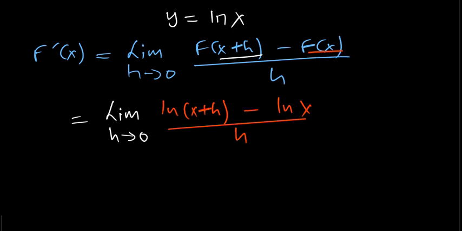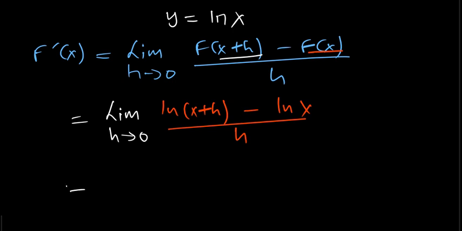Okay, so this is where it gets interesting now. One thing that you have to take note of is the fact that we apply the logarithmic rules that you know. So are you able to picture any rule here? Okay, so think of addition or subtraction. In this case it is subtraction.